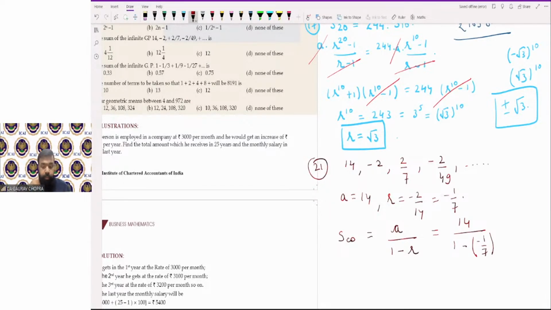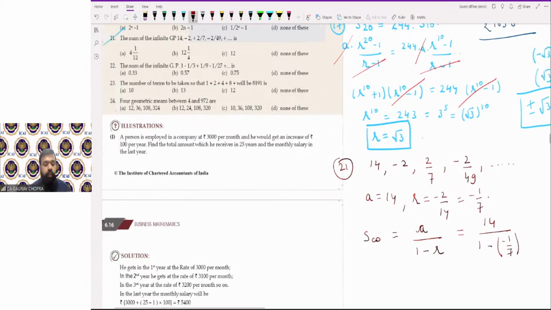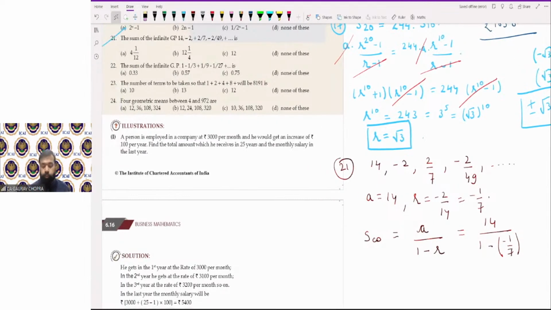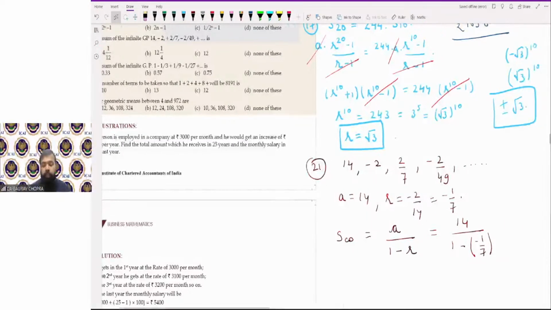Yes, come on everybody. Which is the perfect answer now? 14 upon 1 plus 1 by 7. So what is the final answer? Yes, Anuj, Kritika, Avni, everybody is saying option number B.